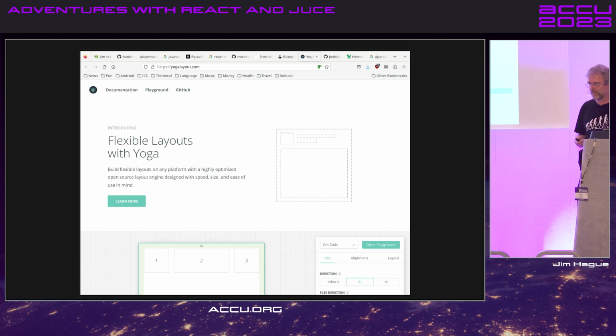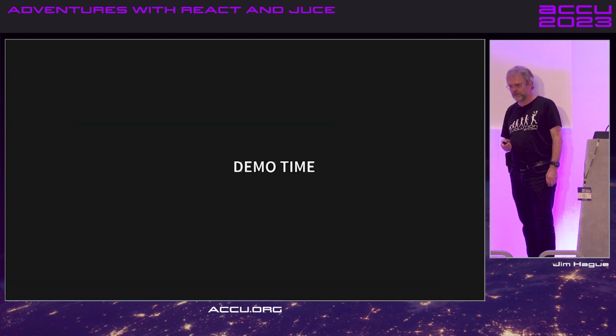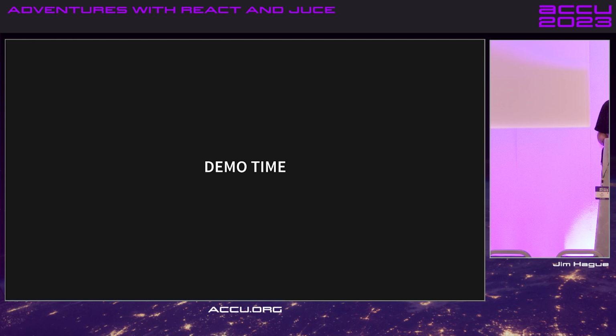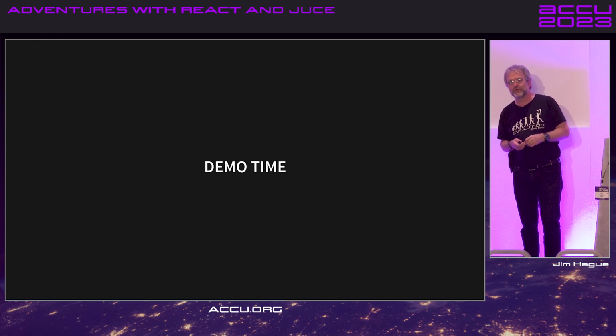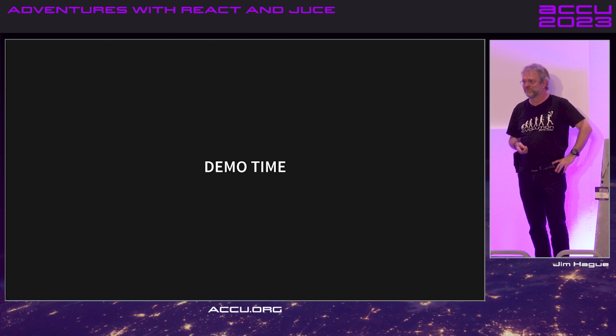So that's enough whiffling about the background. We probably ought to try and see it in action at this point. Now, again, as an extremely immature project, I'm slightly handicapped here in that there is only one example app for react-juce.